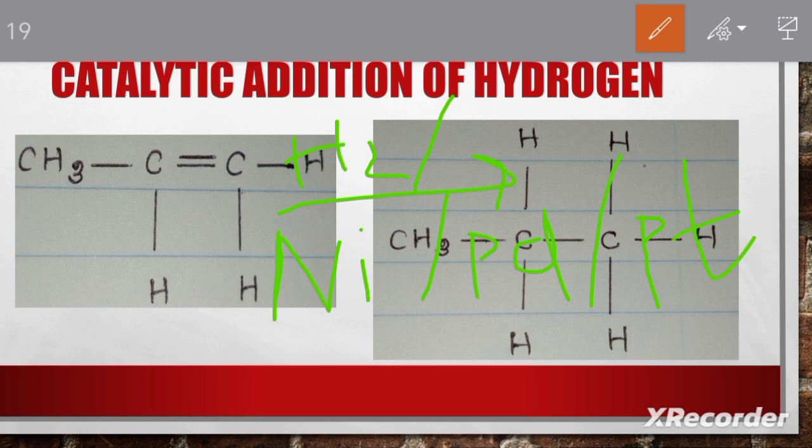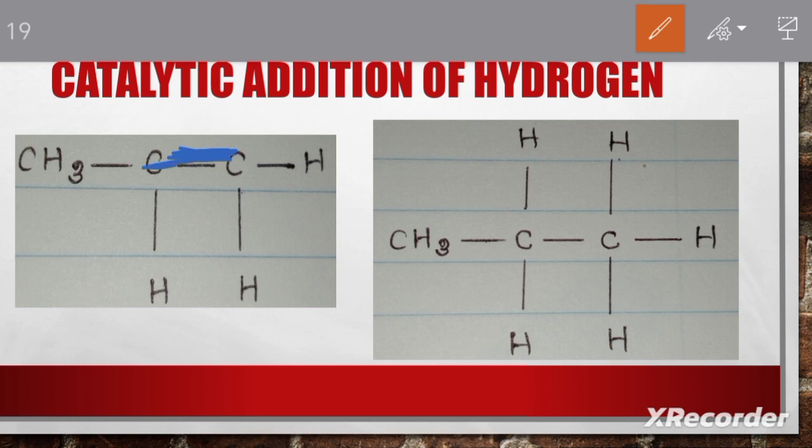Then we can add 2 hydrogen to the alkene. What happens there is the double bond breaks and forms a single bond between the carbons. Carbon can have 4 bonds, so the remaining bond is formed with hydrogen. Then the alkene turns to alkane.